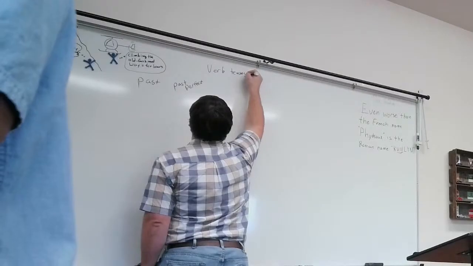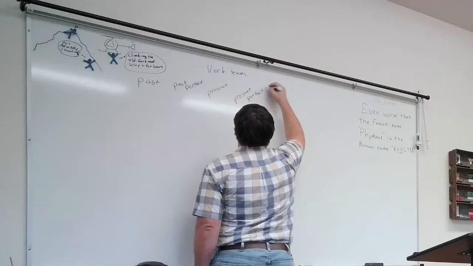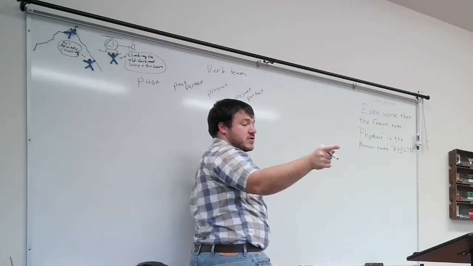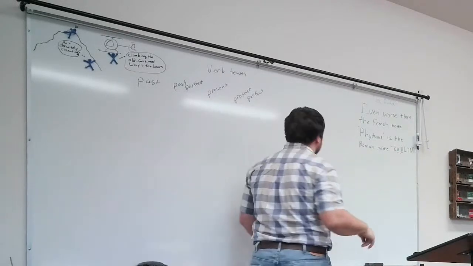So present? Yes, present is the next one. And then present perfect. Okay, now he does it. Chris, future and future perfect. Leah, get your nose out of there for a second. You have to stick with us. You're not sticking with me close enough.